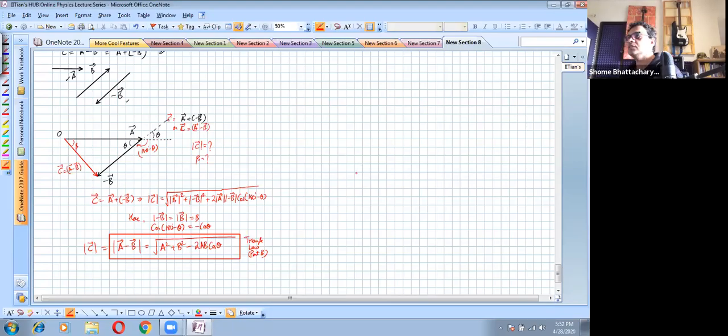I'm using the formula of theta only, but I was doing a plus b. Now I'm doing a minus b.